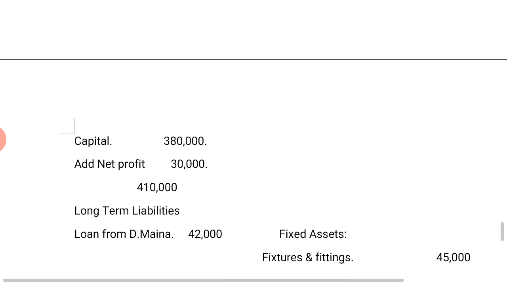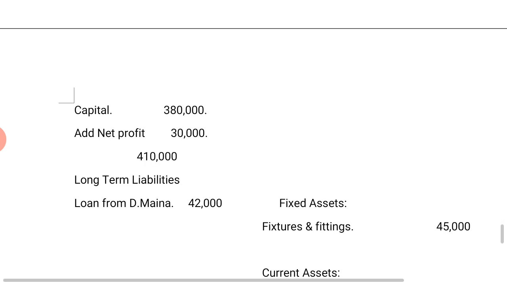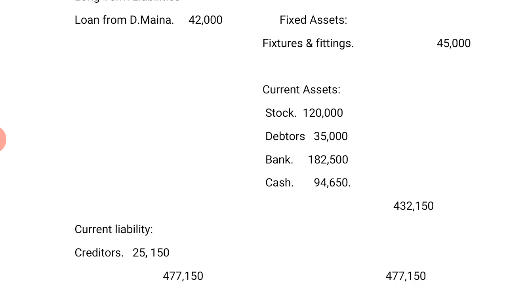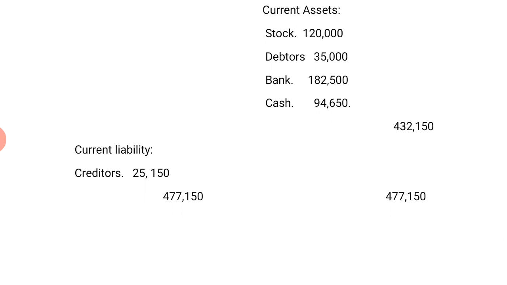So having got that, we now move to our credit side, our assets. The asset that we have first is fixed assets. So the fixed asset is fixtures and fittings. So the fixtures and fittings is 45,000 naira. So no other fixed asset from the question again. We now move to current assets. The current assets are stock 120,000 naira, debtors 35,000 naira, bank 182,500, cash 94,650.